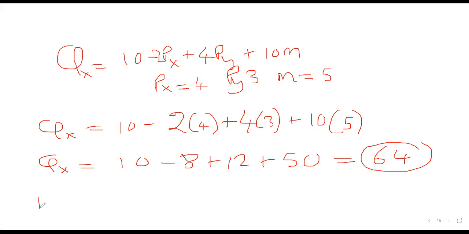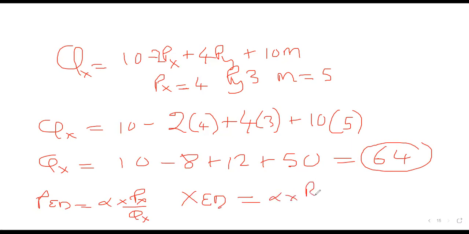Now find the price elasticity of demand. It is simply alpha times the price of X over the quantity of X. Cross price elasticity of demand is simply alpha times the price of Y over the quantity of X. Income elasticity of demand is equal to alpha times the income over the demand.